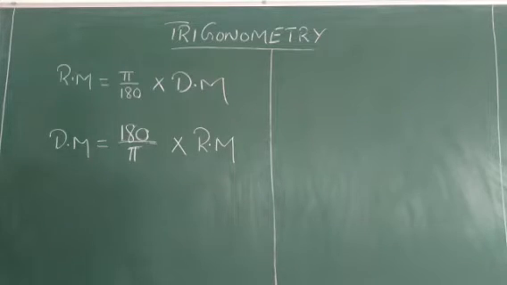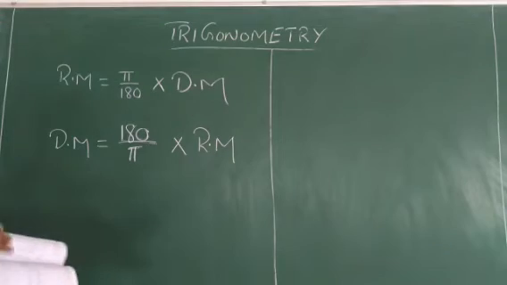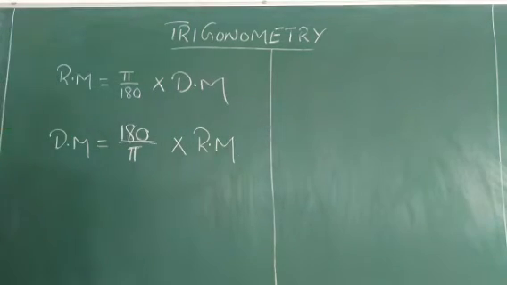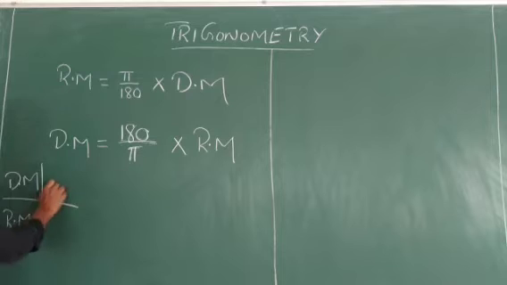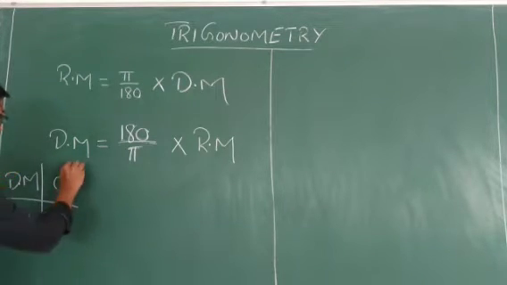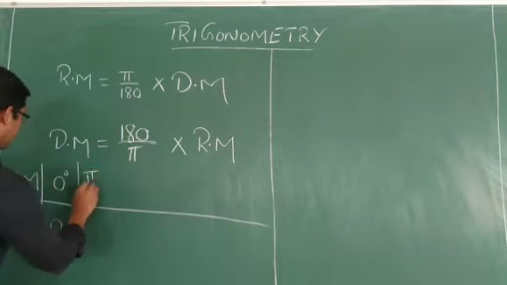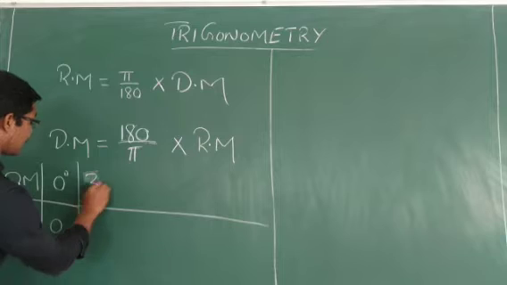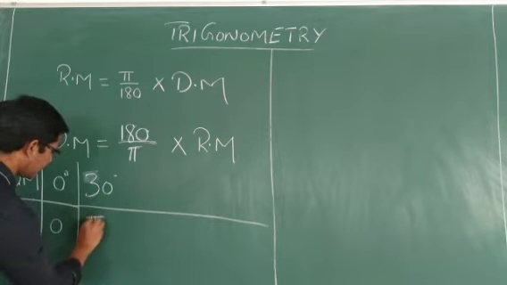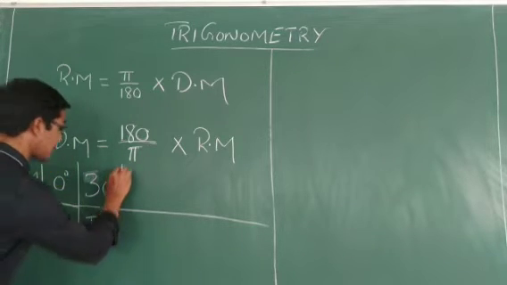Using this, we can write some of the standard angles from degree measure to radian measure. If it is 0 degrees, here also it is 0. If it is 30 degrees, here it is pi by 6.